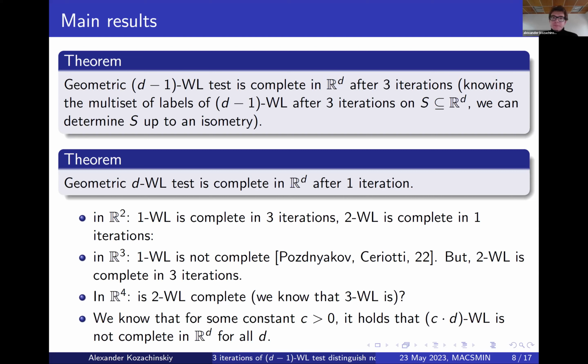In which sense? I will map all edges into the same distance. All pairs of nodes that are edges will be mapped to pairs of nodes at the same distance, and non-edges to some other distance, also the same for all non-edges. Then this geometric test will basically work the same as the WL test for graphs.